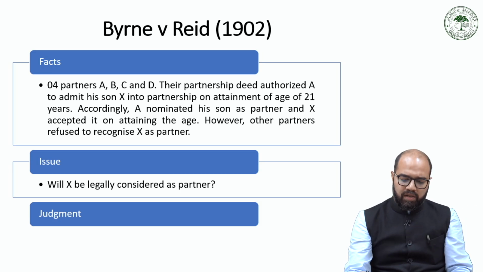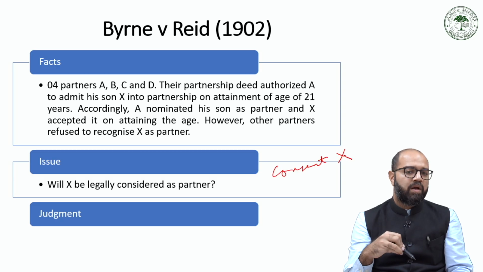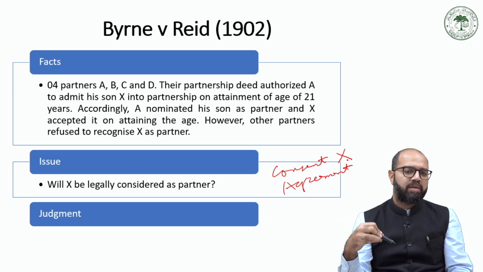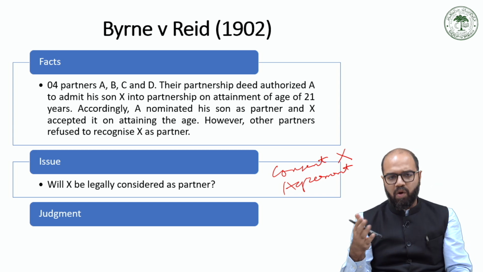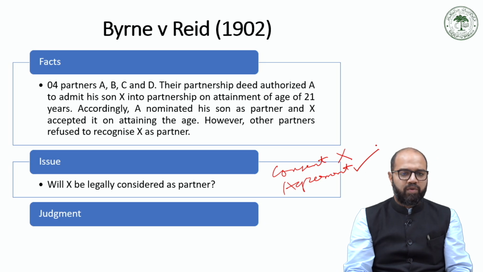So here the consent of all partners is not there. However, the agreement that was entered into by the partners allowed for a particular way as to how X could be admitted. So he was admitted according to an agreement. So here we are talking about the second mode that we had discussed in the modes of introduction.